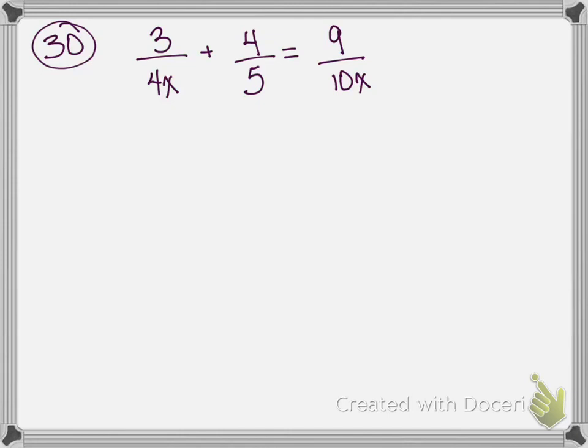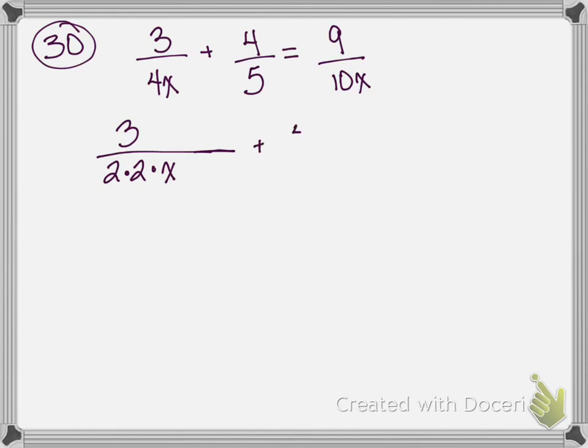Now, you don't have to do it this way, but it's easier to go ahead and break things down. So instead of writing 4, I'm going to write 2 times 2. Once we get variables in there, it's easier to break them down so that we can figure out what our LCD is.